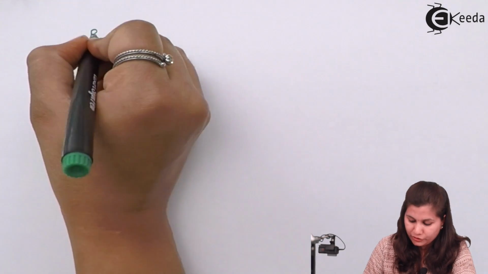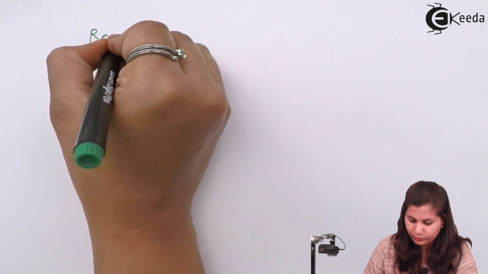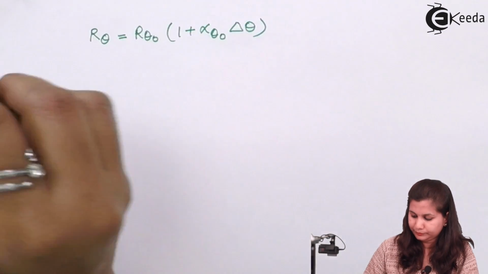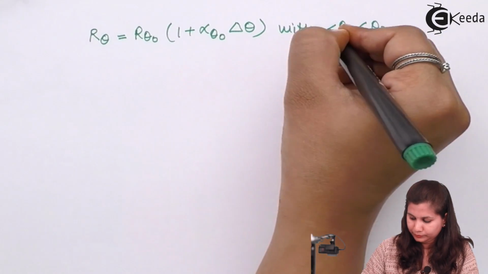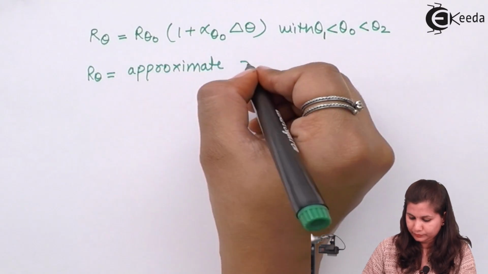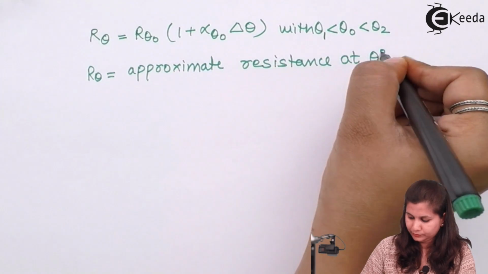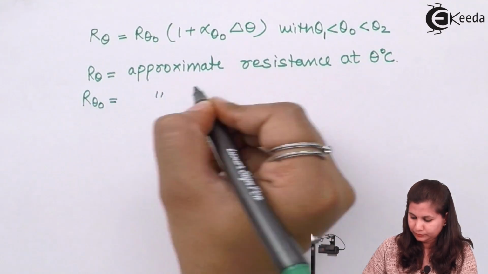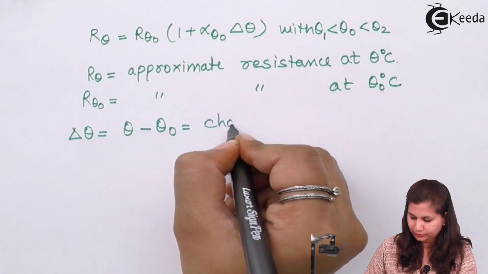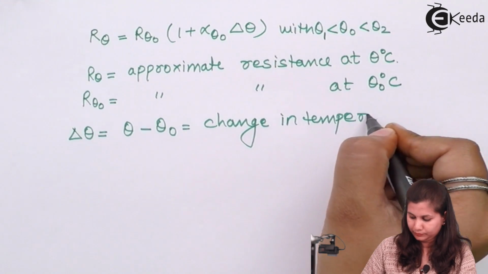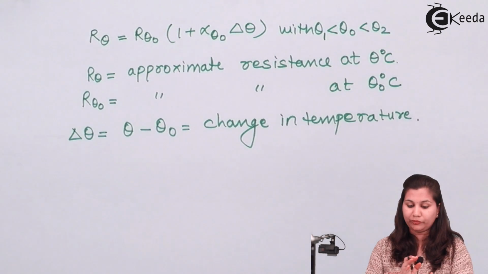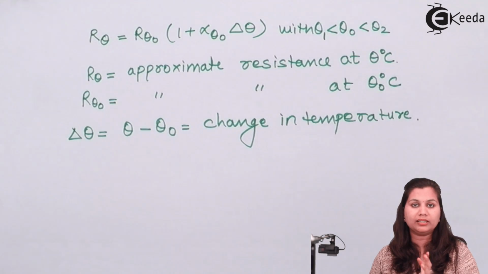In linear approximation, we will have r theta equals to... Linear approximation means that between the resistance and the temperature we have a linear relationship.